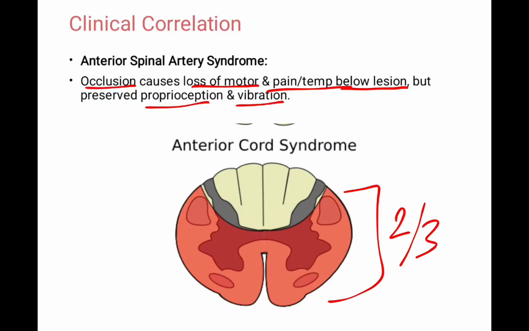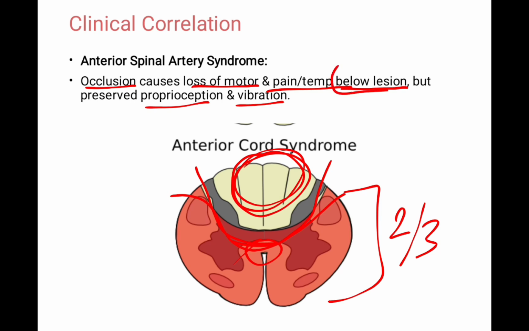Proprioception and vibration, we said, is carried by the dorsal column, and it is preserved in this case. Remember, the spinothalamic fibers for pain cross in the anterior white commissure, so they'll be affected as well. So there's loss of pain and temperature sensation below the level of lesion.